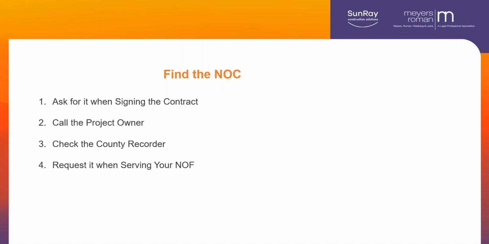If you don't have it, you're going to use your best guess. And the best guess is going to be the notice of furnishing sent to who you think it ought to go to. That's when you're going to also serve your request for notice of furnishing, notice of commencement. You're going to put it in the same envelope, because if you got it right, you got it right.